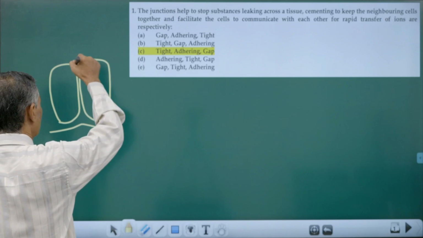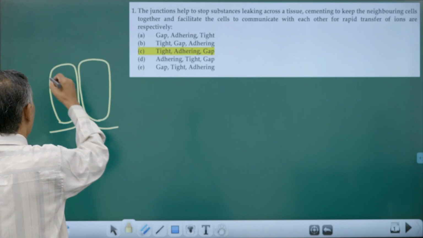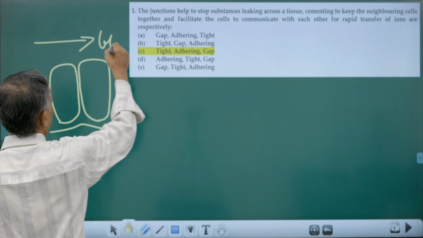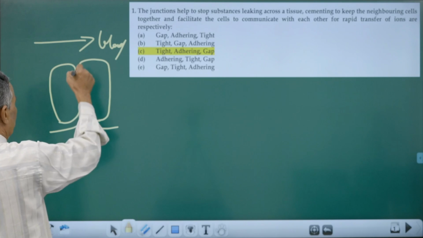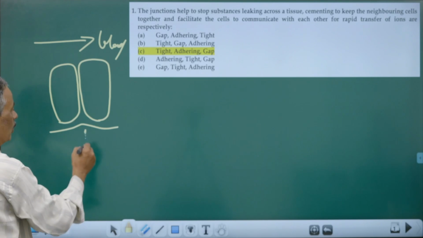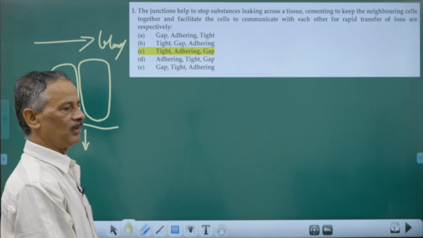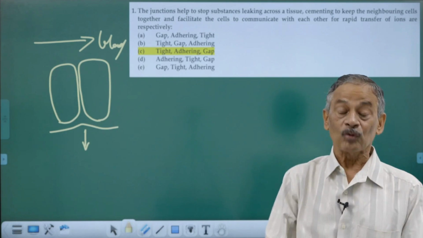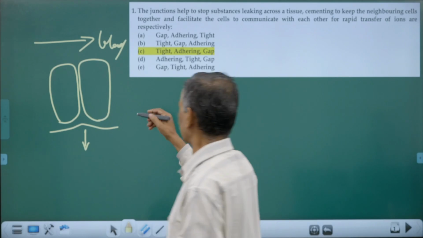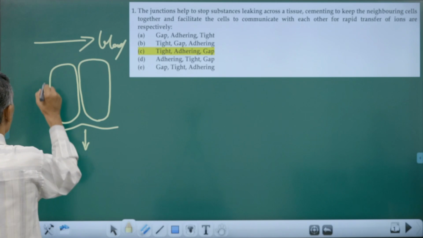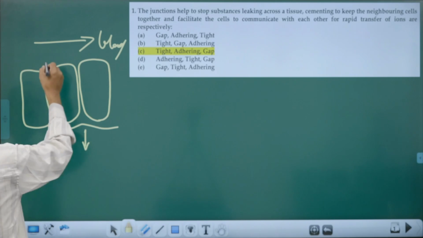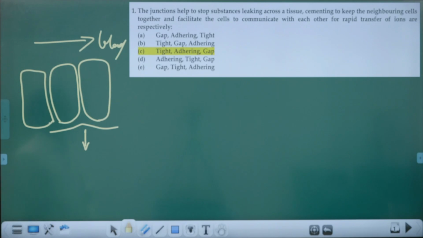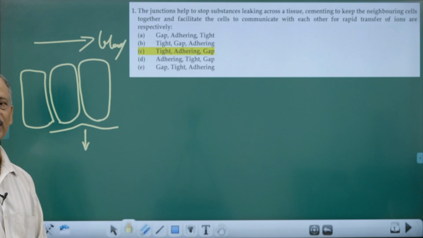Through that intercellular space, a fluid may leak. For example, blood is flowing, and through the gap in between, you may have the liquid part of the blood leaking and reaching the other surface. Across a cell layer, the fluid part of the liquid may be leaking out.